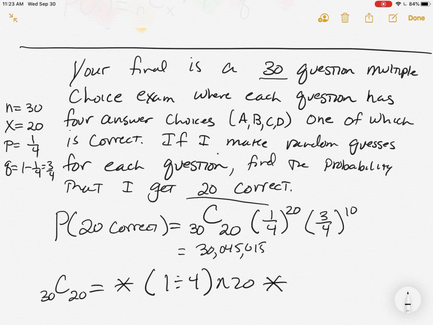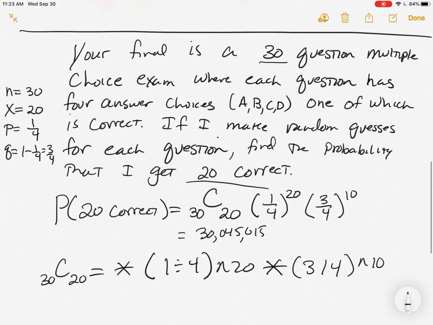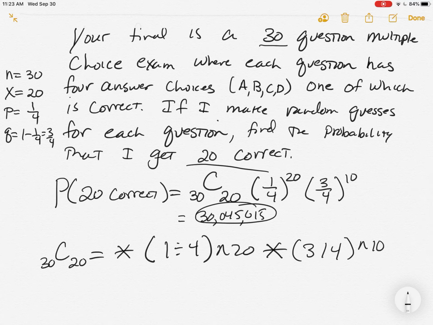Then don't hit equals, just hit times. Times, and open parentheses, 3 divided by 4, close the parentheses, and then to the 10th power, and hit equals. And you're going to remember how big this number was, right?